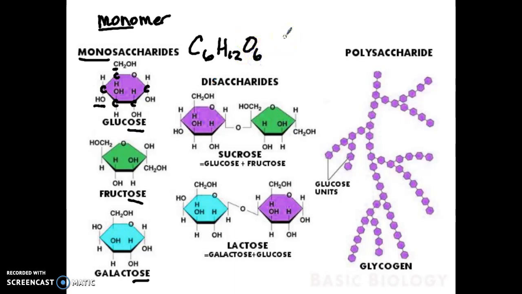So the giveaway of a carbohydrate, the word carbo comes from the carbon base to the molecule, and the hydrate comes from the idea that the H to O ratio in a simplified manner is actually a 2 to 1 ratio, which is pretty much what water is. So there is that idea of hydration or hydrate or water.